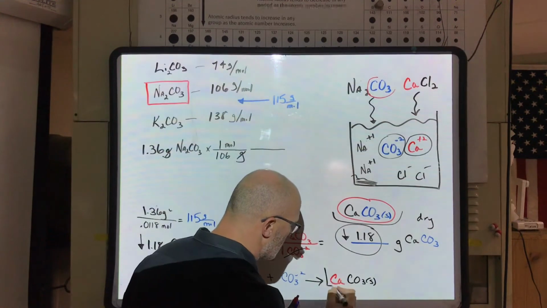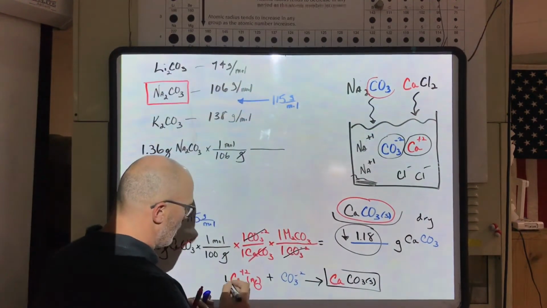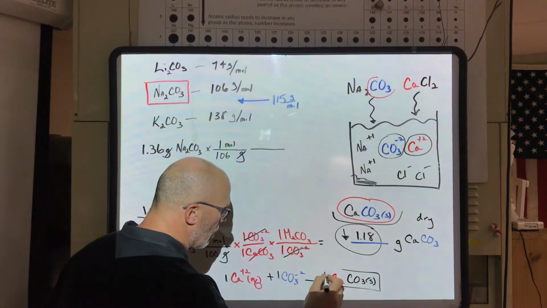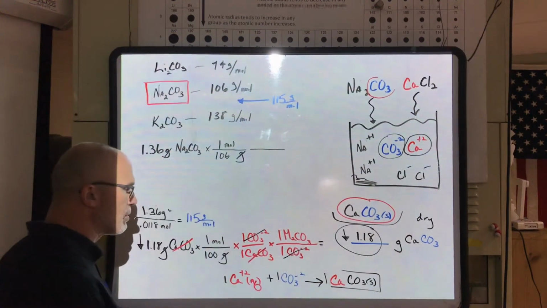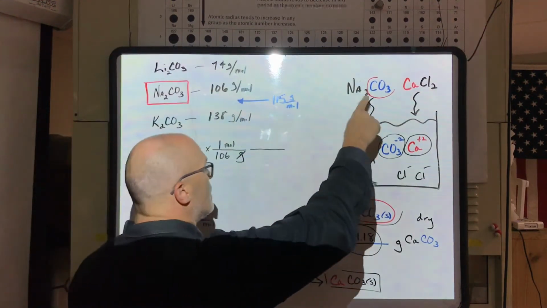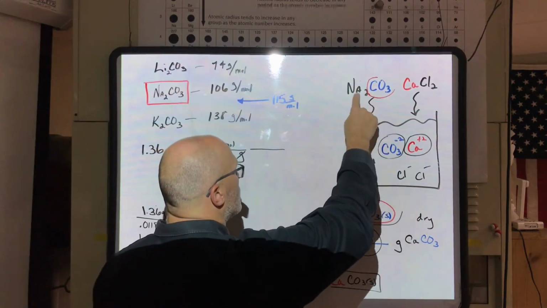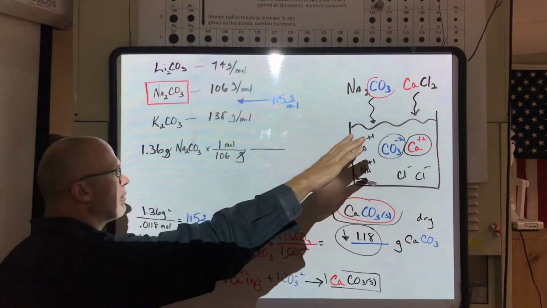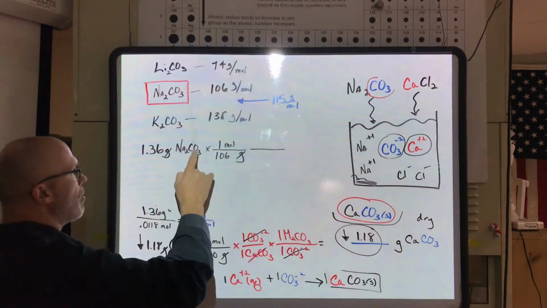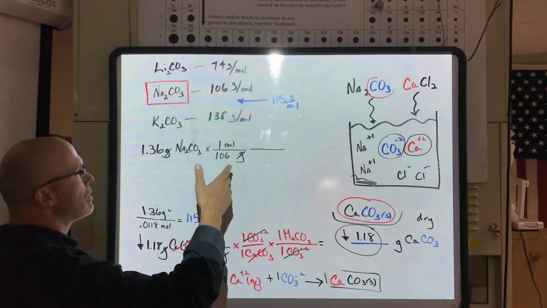Okay, and so there's a 1 to 1, I'll just put that 1 right here, 1 ratio. The ratios are 1 to 1. Be careful here, okay? In this case, there's 1 carbonate for 2 sodiums, but the sodiums are not important, okay? So the moles of the sodium carbonate are the moles of the carbonate.